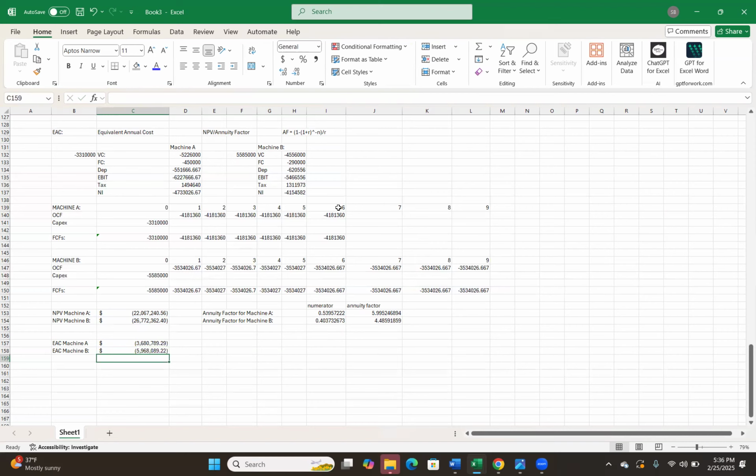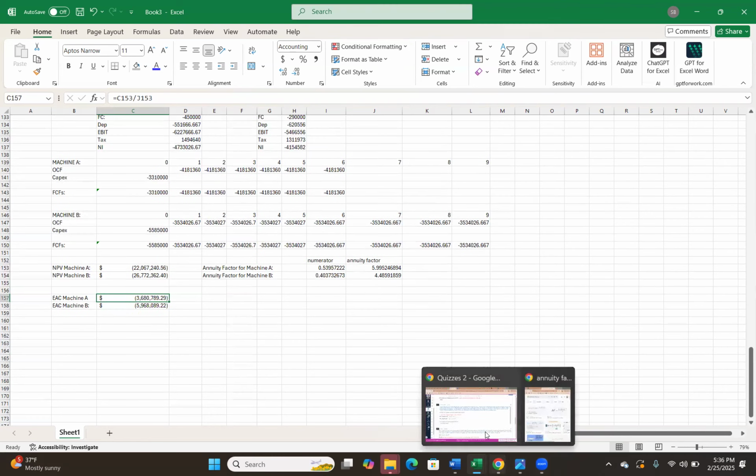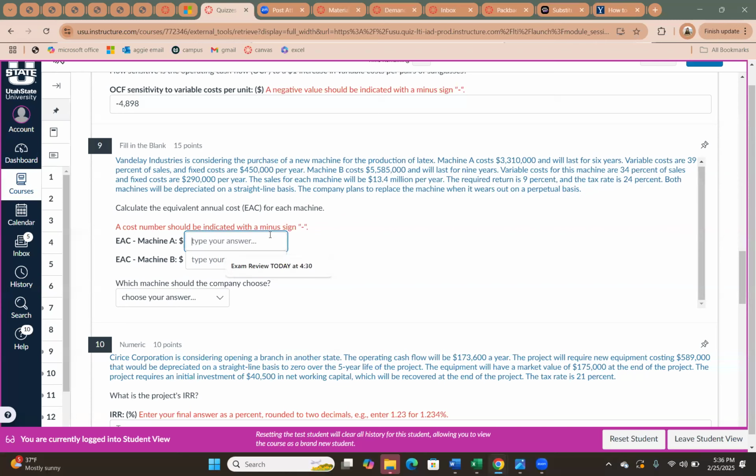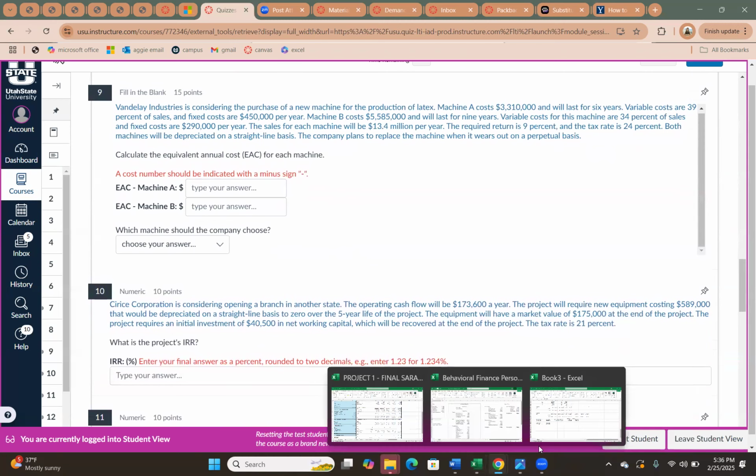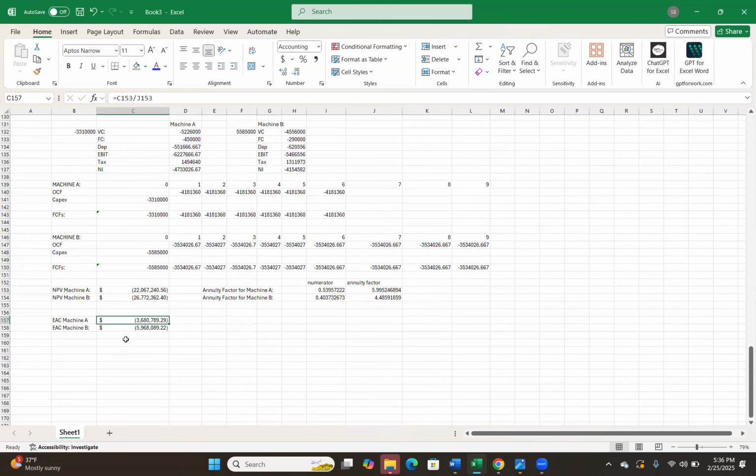So which one's the lowest here? That's my fault for asking a dumb question. Machine B is the lowest, so that's the one we're gonna pick. So we'll type them in. I don't want to type them in, but I'm posting the Excel on Canvas, so you should be able to see how I get those.